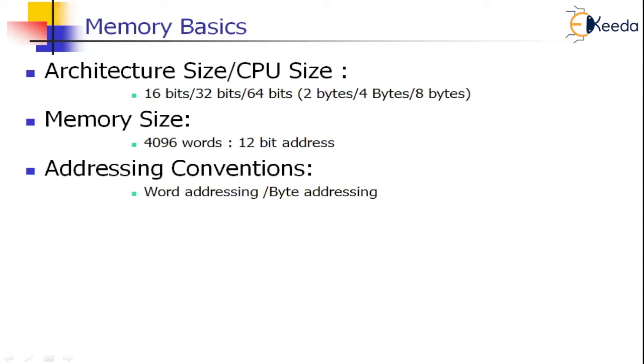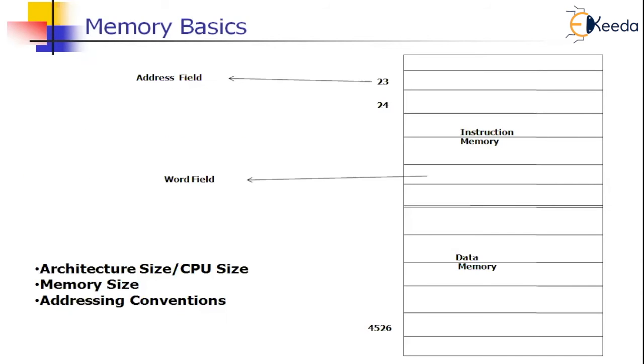This is nothing but the size of one word in the main memory. If it is a 64-bit processor you're purchasing, that means one word in the main memory is of 64 bits, that is 8 bytes. So that is what the architecture size is all about.